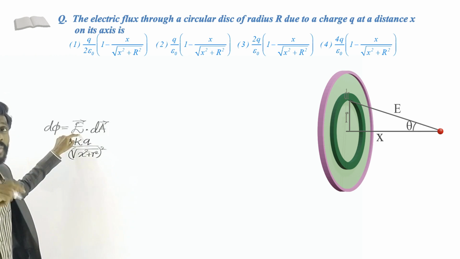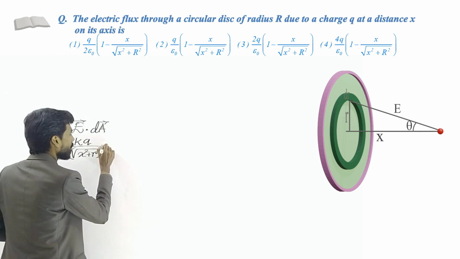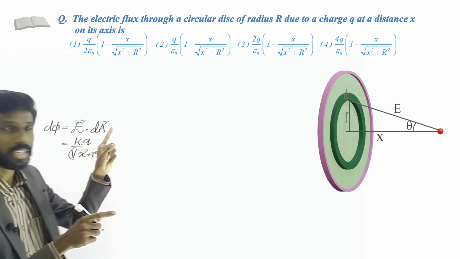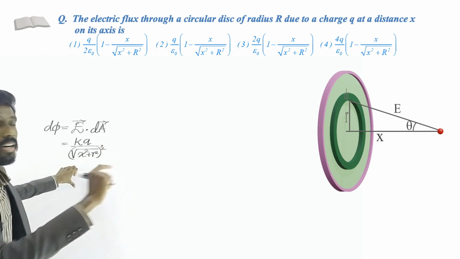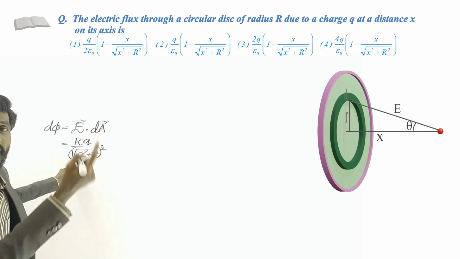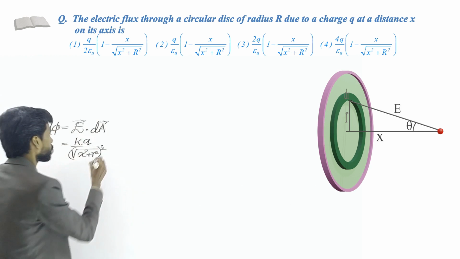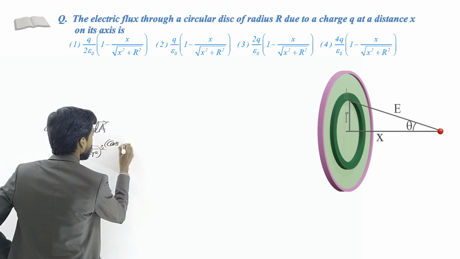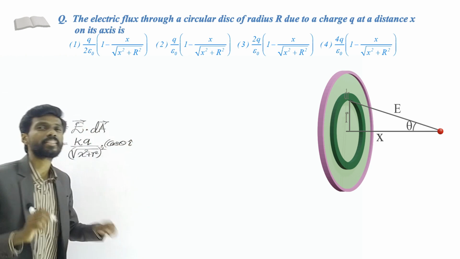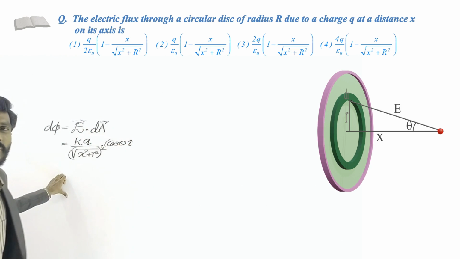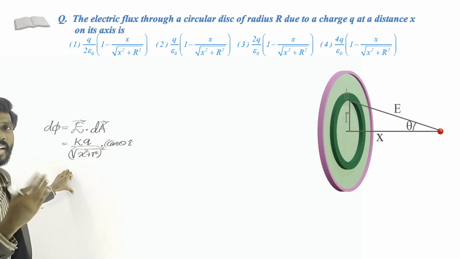But we want the vector. That electric field makes angle theta with the horizontal. So we can take the projection. What is the vector along the horizontal? That is cos theta i cap. I am not taking the direction, I am taking this direction to be positive. It doesn't matter. Finally, the answer is positive or negative, it doesn't matter.